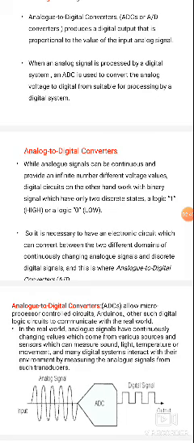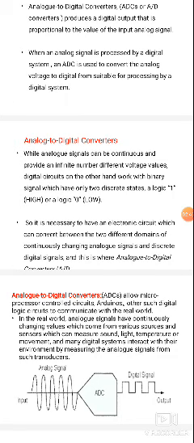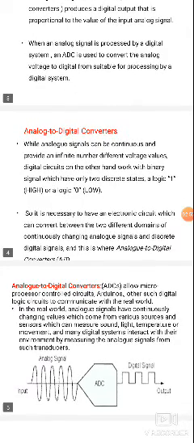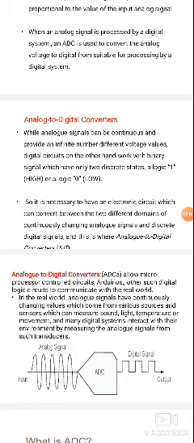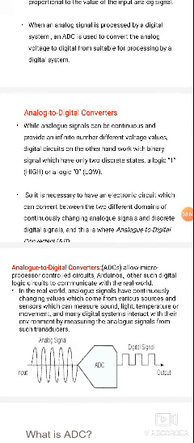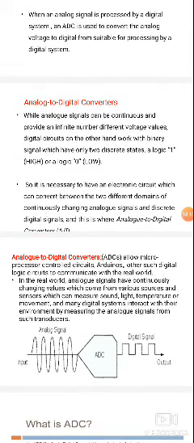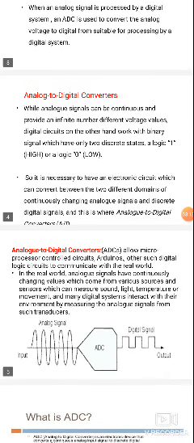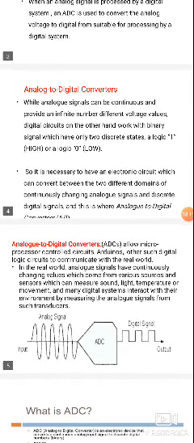When an analog signal is to be processed by a digital system, an analog to digital converter is used to convert the analog voltage into a digital form suitable for processing by the digital system. Analog signals are continuous and provide an infinite number of different voltage levels, whereas digital signals have a finite number of values.